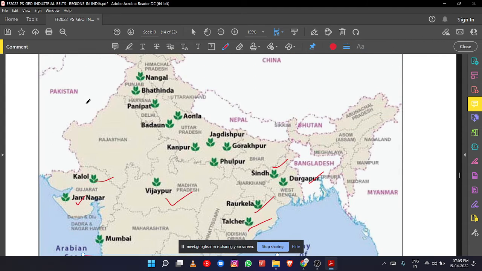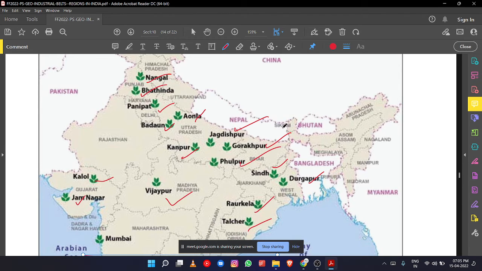Okay. In Uttar Pradesh, many plants are present. Phulpur, Badaun is there, Kanpur area is there. Okay. Jagdishpur is there, Gorakhpur is there. In Punjab, Nangal and Bathinda area, and in Panipat area in Haryana. So these are the areas in which fertilizers are being produced.